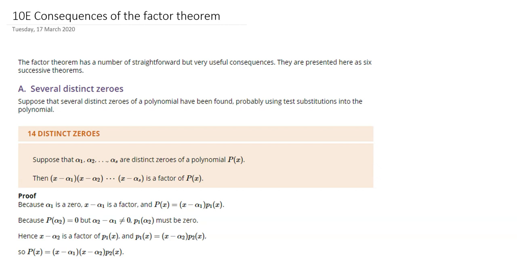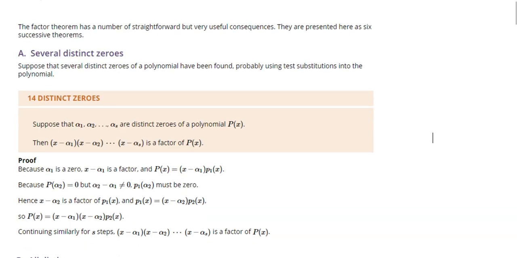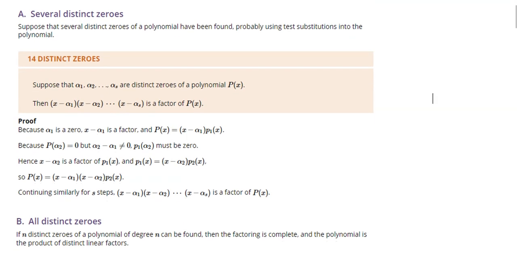So anyway, here they go through 6 theorems that come away from that, and I'm just going to go through them fairly quickly. So, several distinct zeros. Suppose that several distinct zeros of a polynomial have been found, probably using test substitutions into the polynomial. Then you say alpha 1, alpha 2, up to alpha s, however many distinct zeros we have.